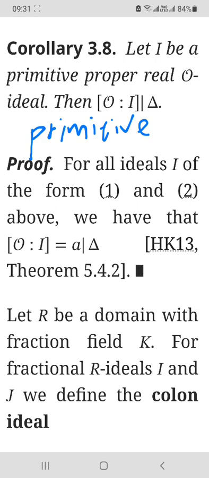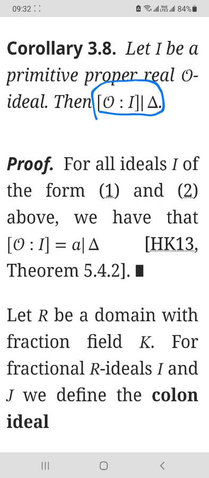And the kernel of a cyclic isogeny, if it has a prime order kernel, then the ideal looks like a primitive ideal. And in this case, the index of I inside O divides the discriminant.